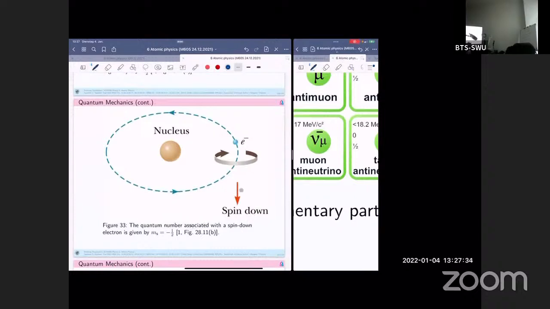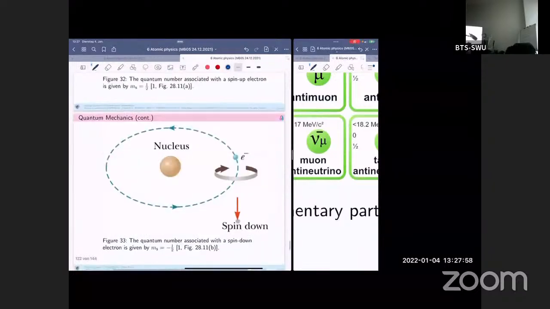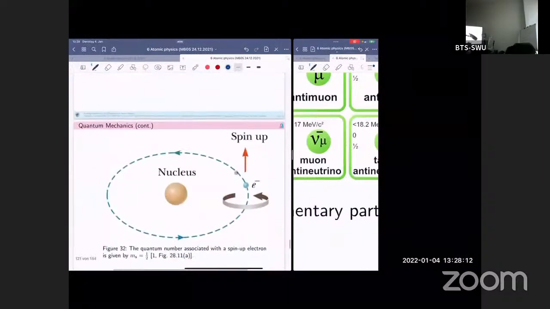When the electron rotates in the clockwise direction, with the thumb pointing down, you have ms equal to minus 1/2, and that's the spin down electron. The energy of the electron is slightly different for the two spin directions. During the rotation around the nucleus, the electron could have two possibilities: spin up and spin down movement.